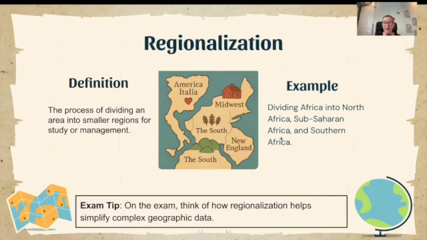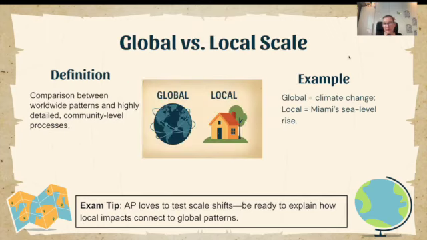On the exam, think of how regionalization helps simplify complex geographic data. Global versus local scale. The definition, comparison between worldwide patterns and highly detailed community level processes. For example, think global equals climate change, local is Miami sea levels rising. The AP test loves to test scale shifts. Be ready to explain how local impacts connect to global patterns.